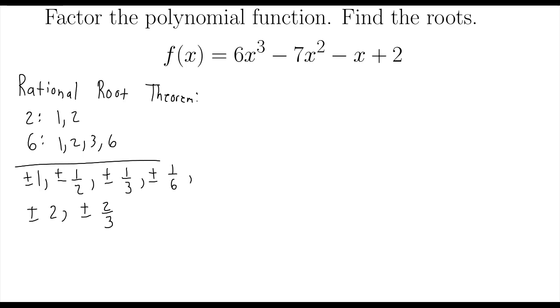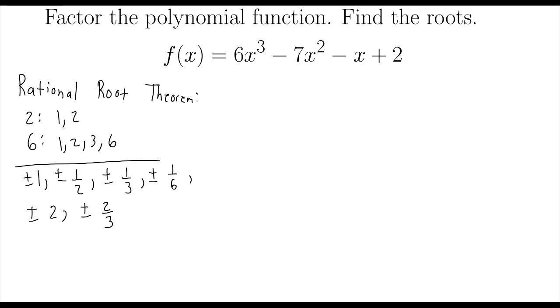I'm going to start my table at -2, not -6, because it's the most negative number that I have here. And I'm going to have it count up by sixths, because that is the smallest fraction that I have.